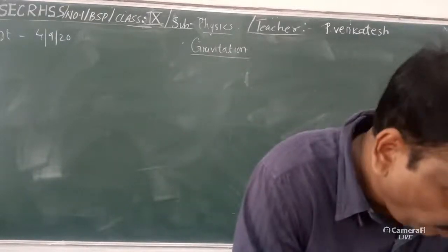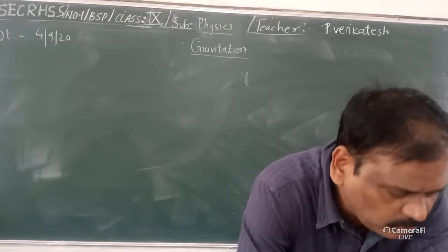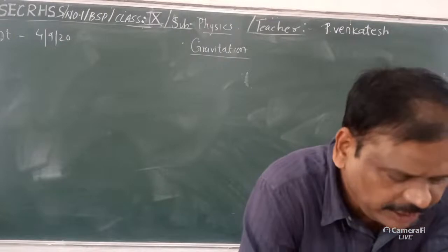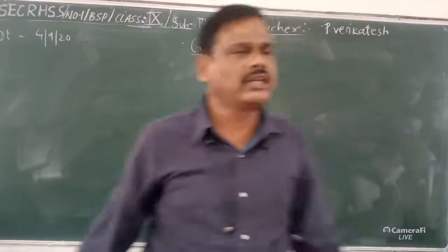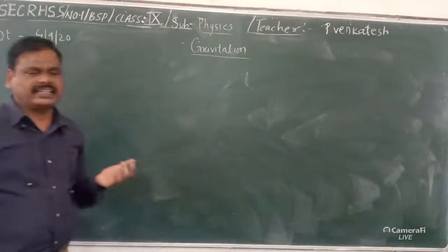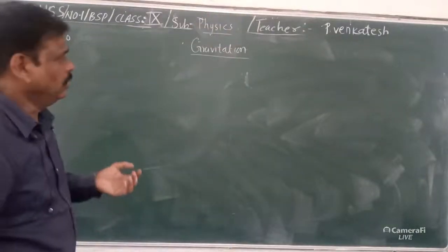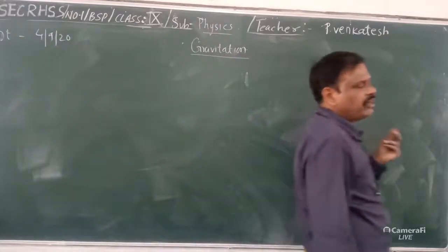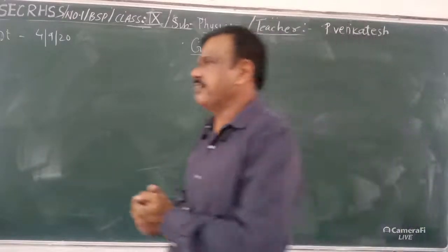Now we come to acceleration due to gravity. The constant acceleration produced in a freely falling body due to the gravitational pull is known as acceleration due to gravity. When you drop it, it keeps falling continuously due to acceleration. There is a constant rate of change of velocity. That is called acceleration due to gravity.